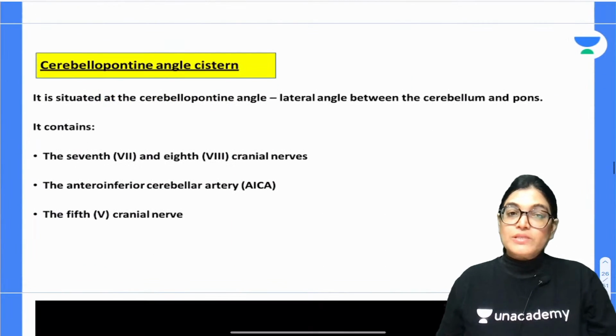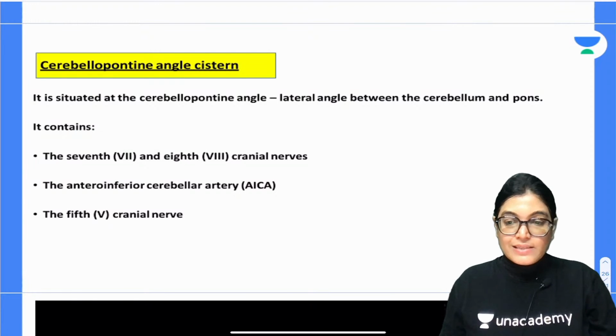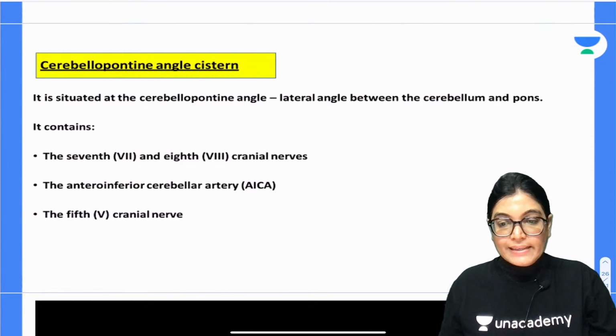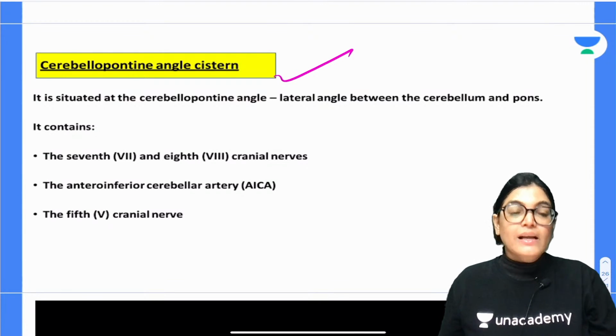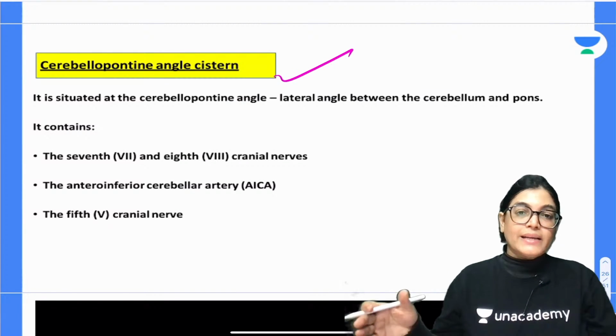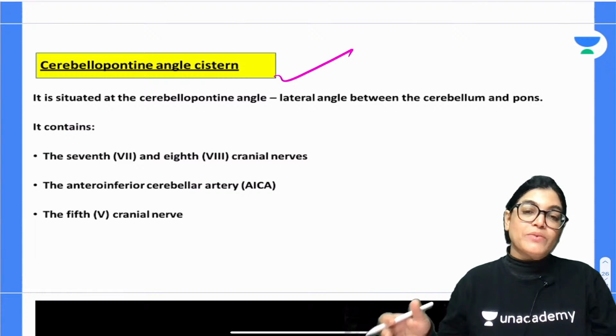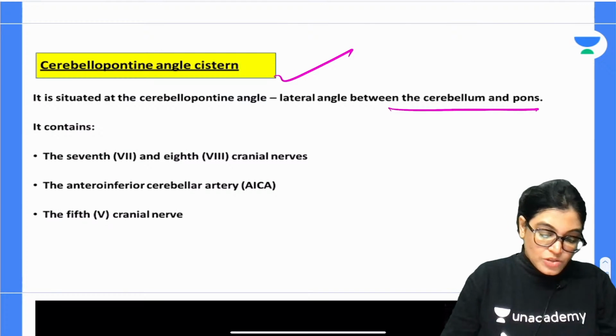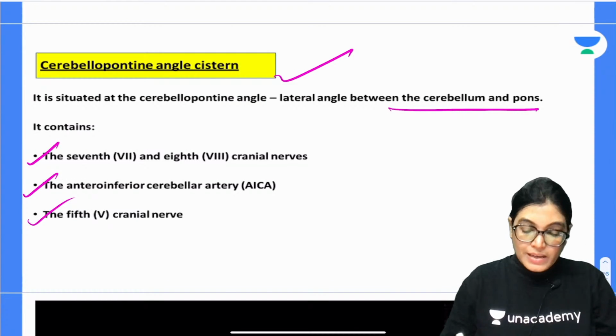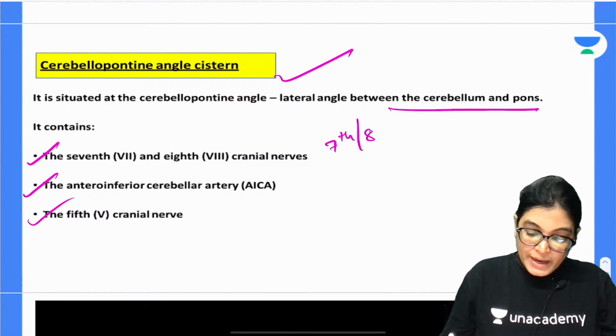Now, let us talk about the cerebellopontine angle cistern. It is situated at the cerebellopontine angle. What do you mean by cerebellopontine angle? The lateral angle formed between the cerebellum and the pons is called the cerebellopontine angle, and the structures located here are the 7th cranial nerve and the 8th cranial nerve.